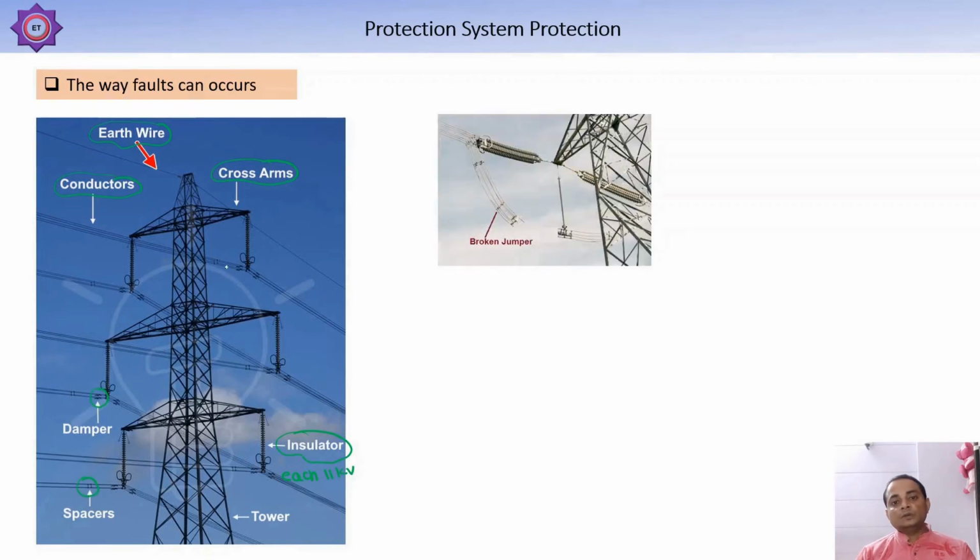Sometimes we use a jumper to connect two conductors or two lines. If the jumper breaks by any means, it may be considered an open circuit fault.